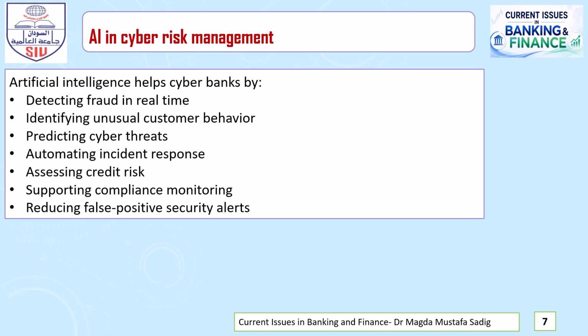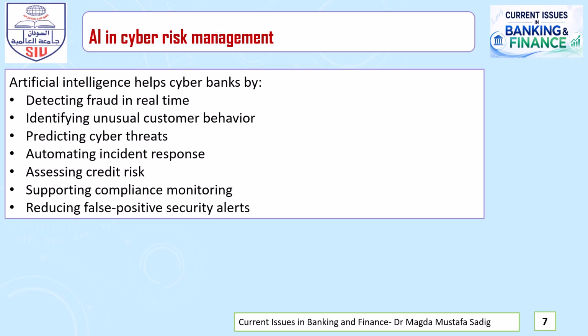We have also credit risk assessment, where artificial intelligence analyzes customer behavior, financial history, and spending patterns to improve lending decisions. We can also use it for compliance monitoring, where AI continuously checks whether transactions comply with anti-money laundering and KYC regulations.